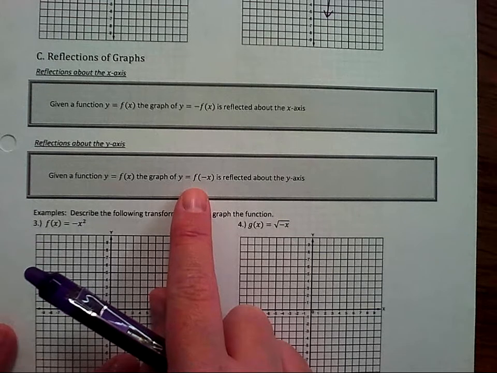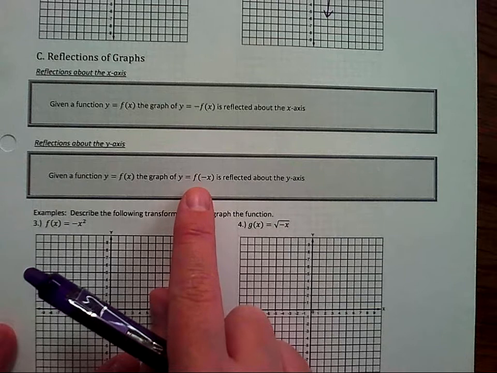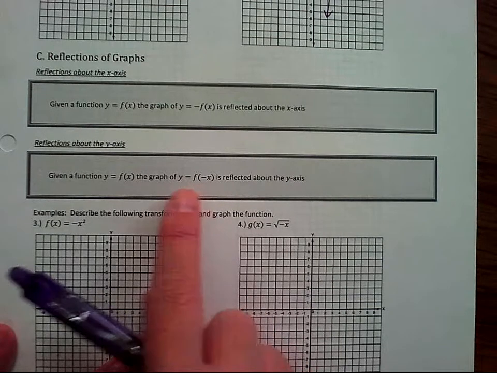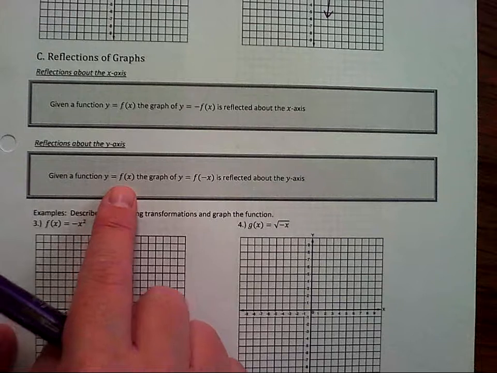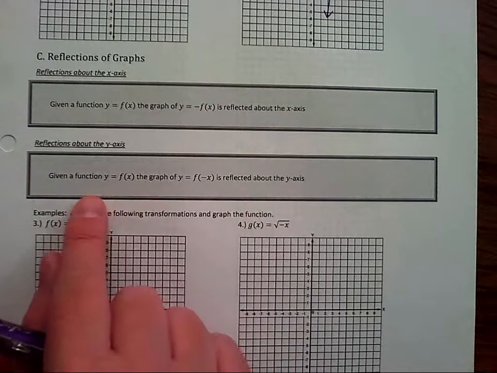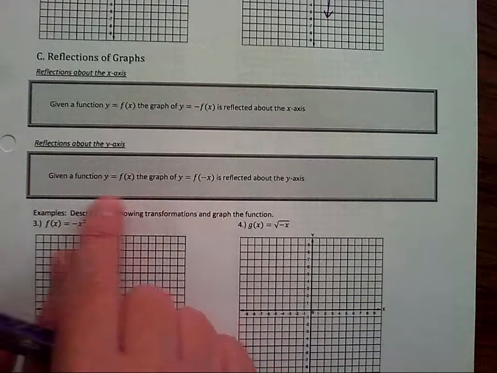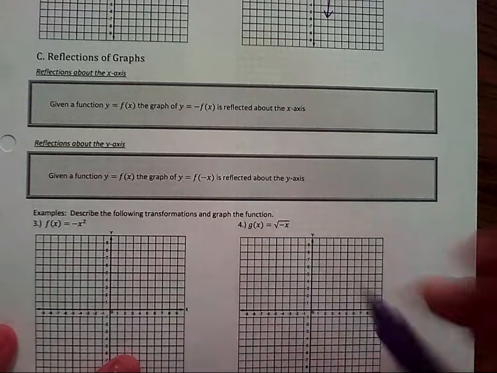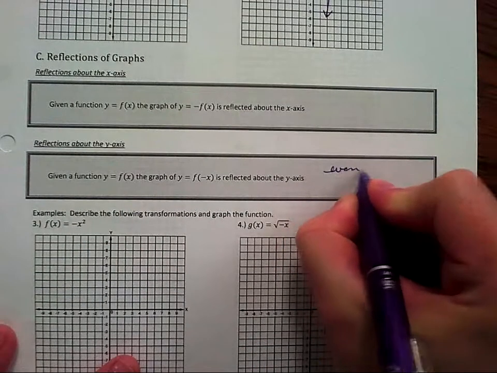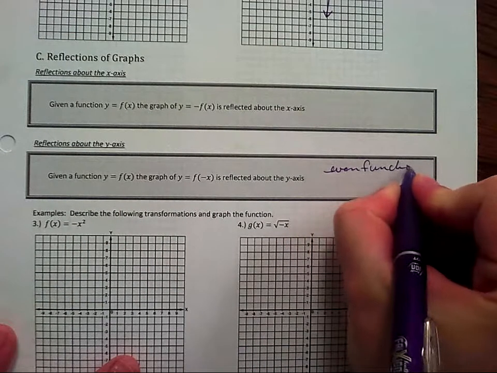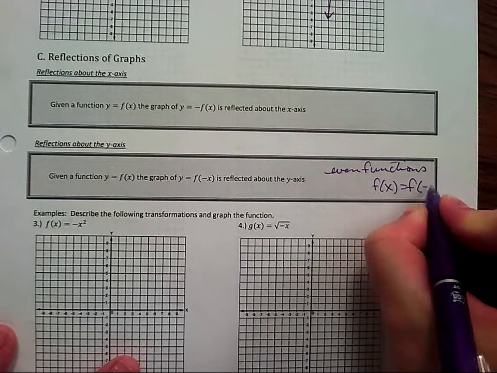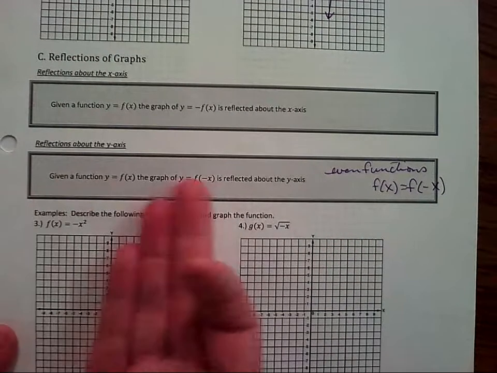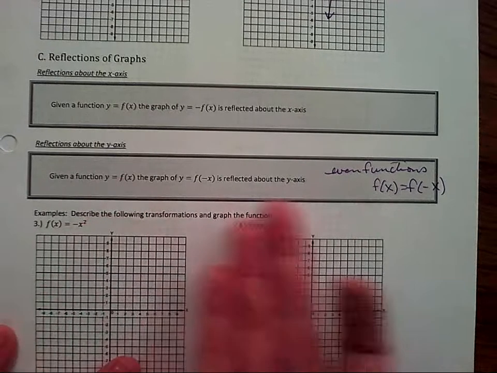Even functions are reflected about the y-axis, and that was when f of x equaled f of negative x. So that kind of makes sense. This piece makes sense because it's like even functions. So reflected about the y-axis, that makes sense.